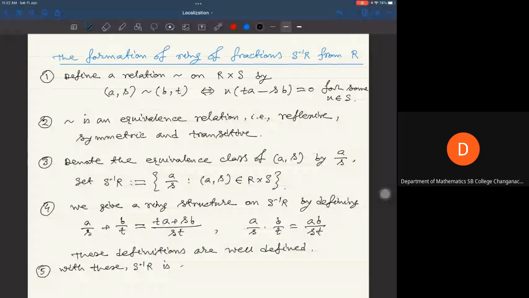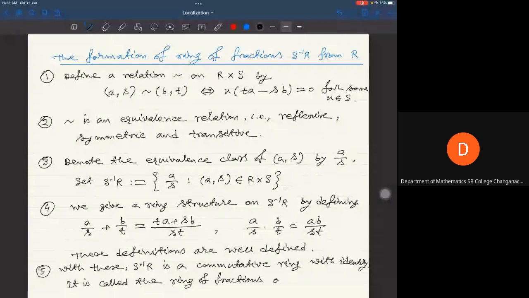And this is called the ring of fractions, or localization. Why we call it localization, I'll explain later. So this is the localization of R at S. Basically we are inverting all these elements of S to get this ring of fractions.